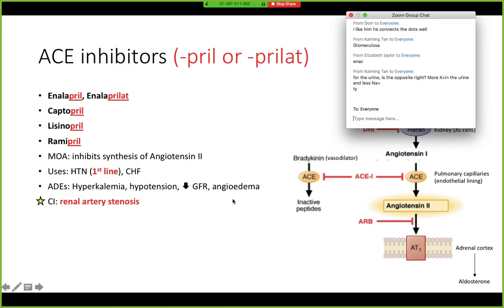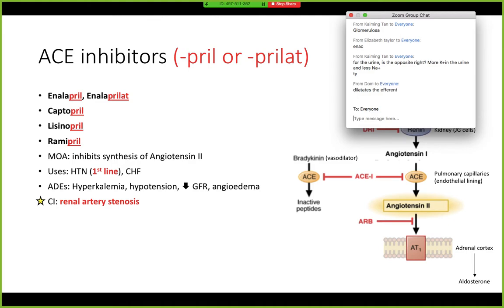You'll see a decrease in GFR. And why is that? Somebody explain why the decrease in GFR? What is the target of angiotensin 2? The afferent or the efferent arteriole?